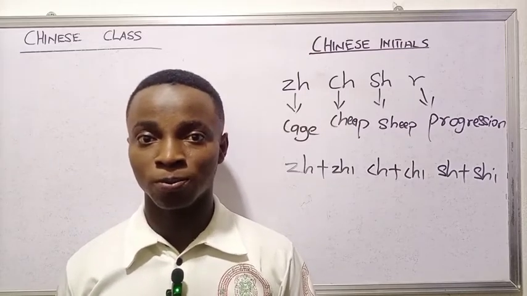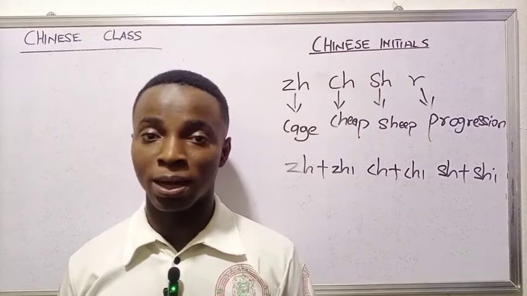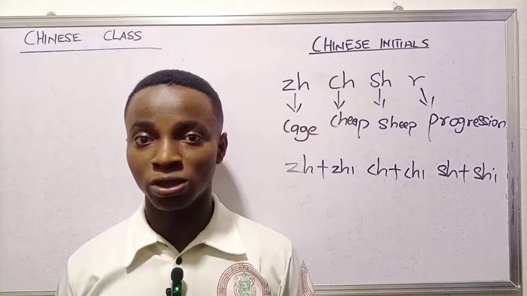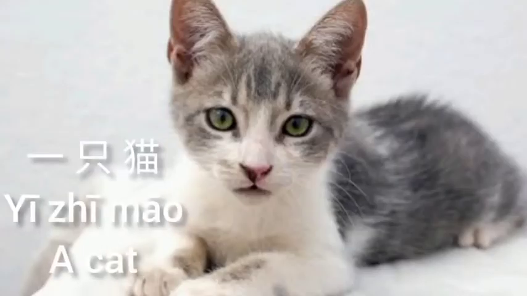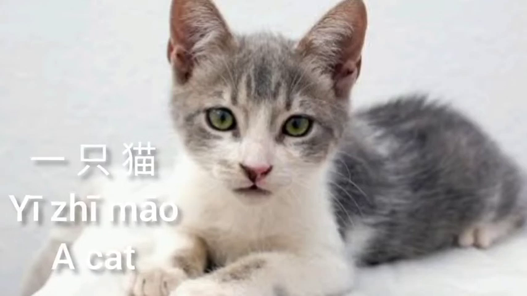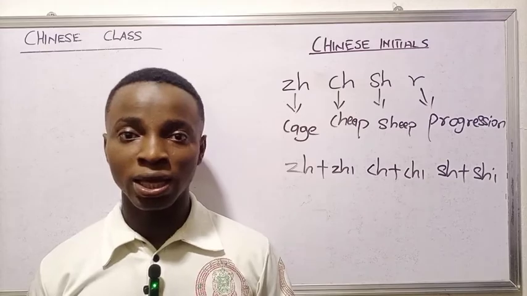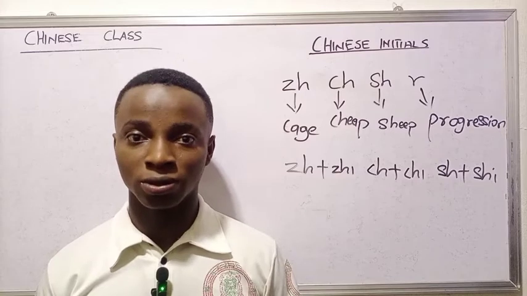In Chinese language, we have many measure words we use for particular objects. Here, 只 is a measure word used for animals. Example, I can say 一只猫, meaning a cat. Or 一只狗. Look at the screen. 一只狗 meaning what? A dog. Beautiful.